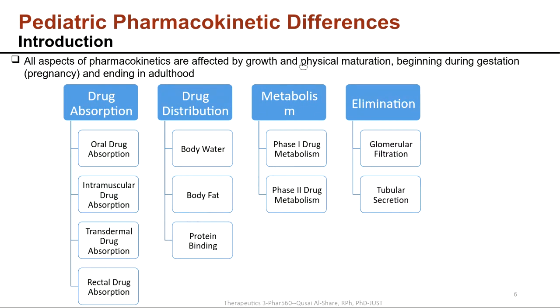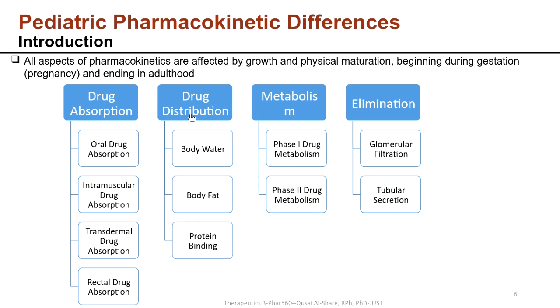Beginning during gestation or during a pregnancy, there will be changes, and ending in adulthood, about 16 years old. So when we talk about drug absorption, we will be focusing on 4 things: the oral route of administration, or absorption after oral administration of a drug. We will talk about intramuscular drug absorption. Third, we will be talking about transdermal drug absorption and rectal drug absorption.